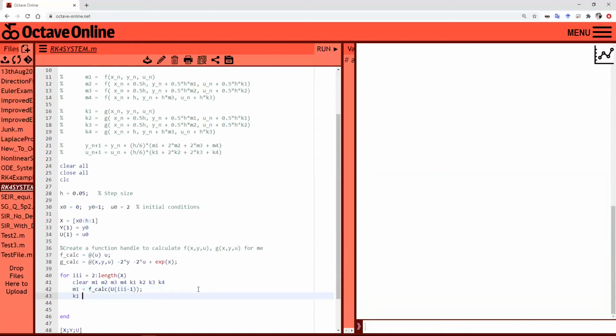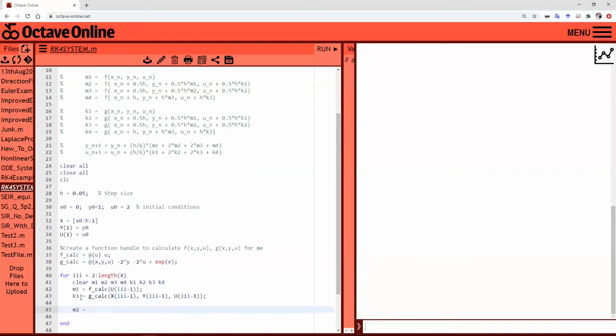Similarly, K1 is equal to gcalc. gcalc takes three inputs, x, y, and u in that order. So we take the value of x at the previous step, i minus 1, the value of y at i minus 1, and the value of u at i minus 1. So M1 and K1 are quite straightforward.